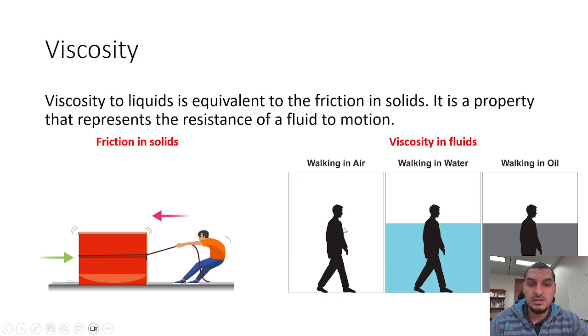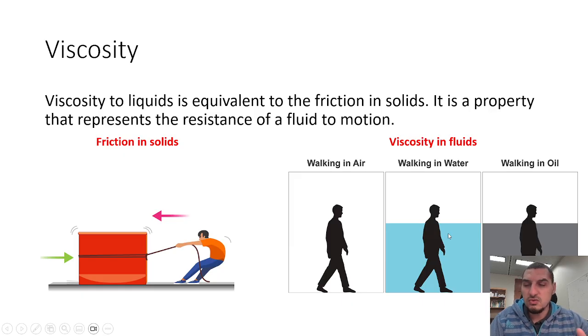So, if somebody is walking in air, for example, this is what we do all the time, you don't feel resistance to your motion while you're walking, compared to moving in water.